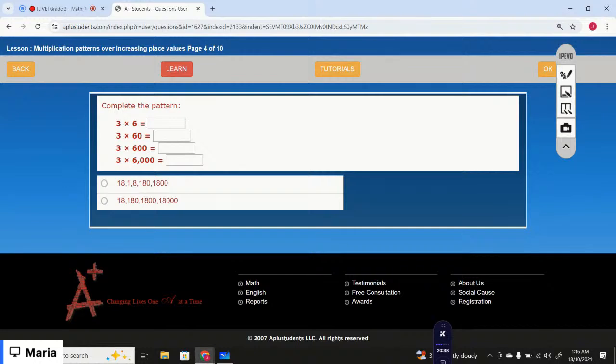Complete the pattern. 3 times 6 equals the missing number. 3 times 60, 3 times 600 and 3 times 6000. So which is the correct option?